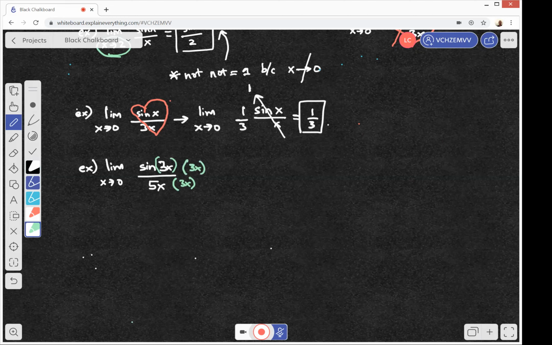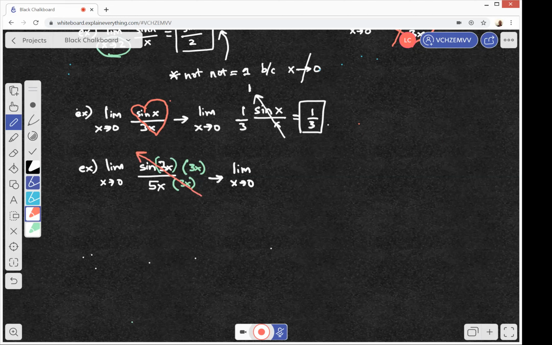3x divided by 3x is 1. Now we can multiply by 1. We're just being fancy. We're being creative. And our result is the limit as x approaches 0, we have the match. I have a Cupid arrow with the theme of the heart, right?